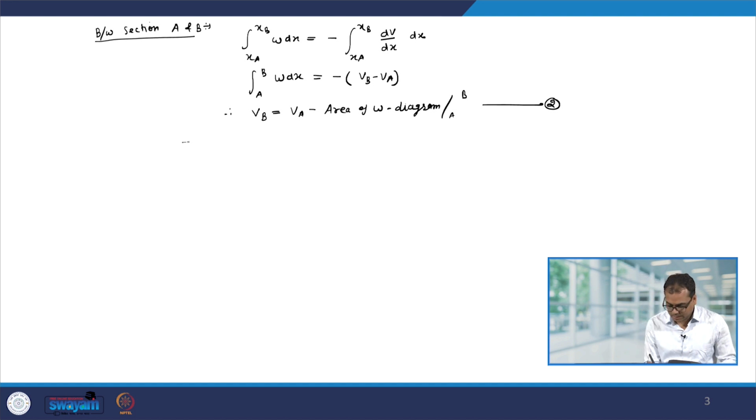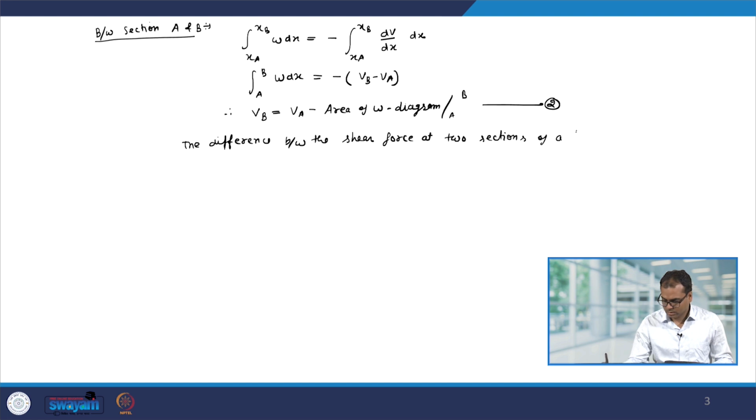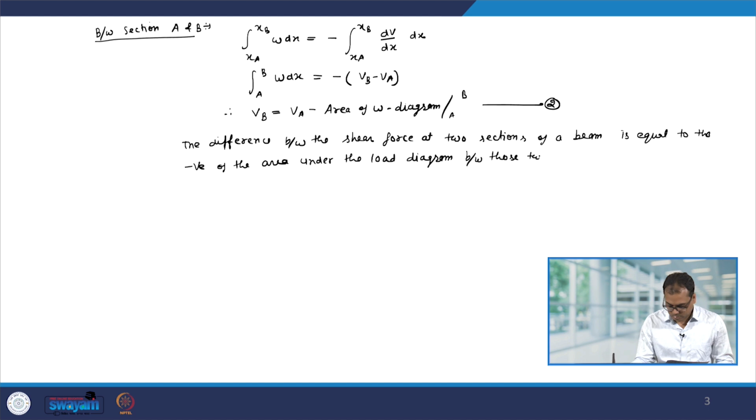In text we can say that the difference between the shear force at two sections of a beam is equal to the negative of the area under the load diagram between those two sections.